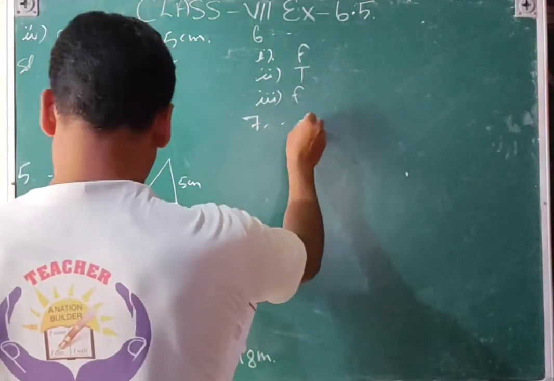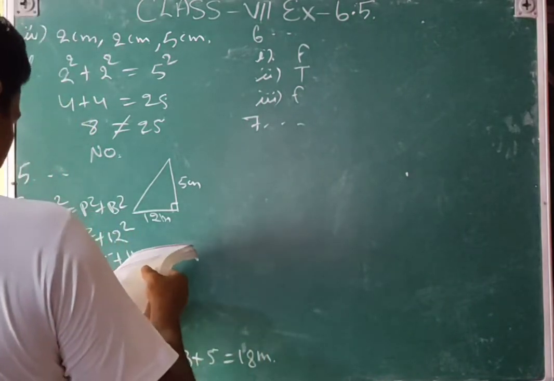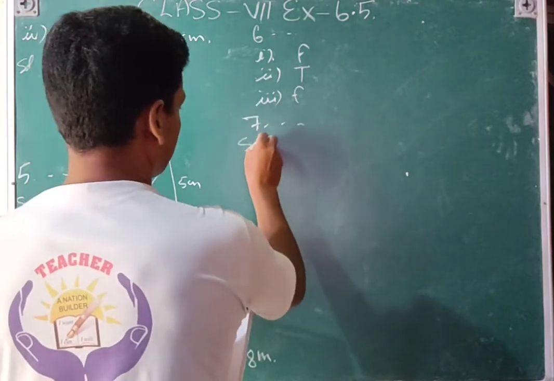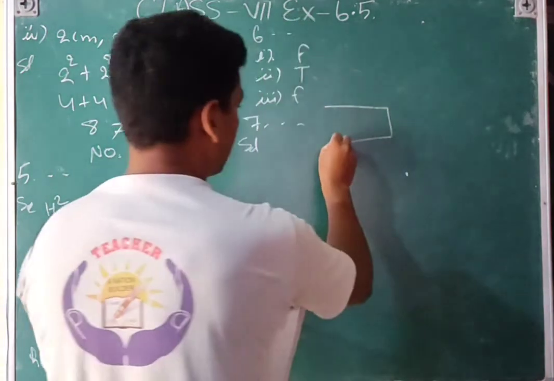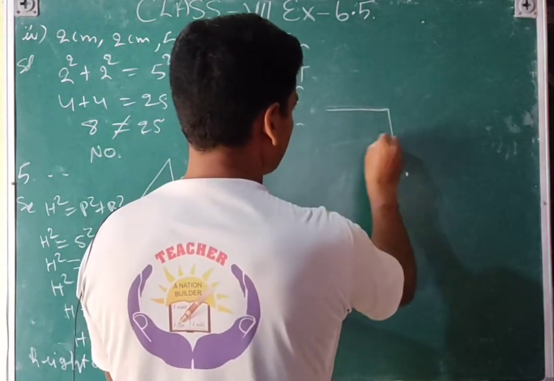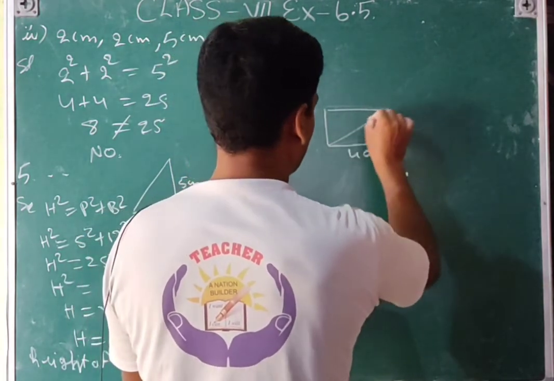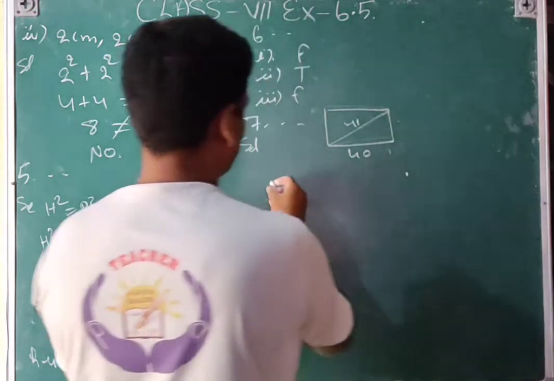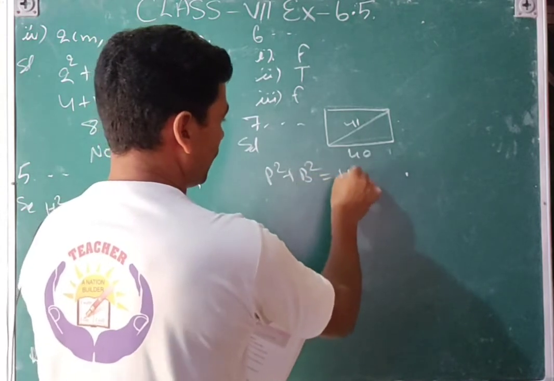7th question. Find the perimeter of a rectangle whose length is 40 and diagonal is 41. So this is the rectangle, that 40 and this is the 41. So the perpendicular we need to find. So P square plus B square is equal to H square.